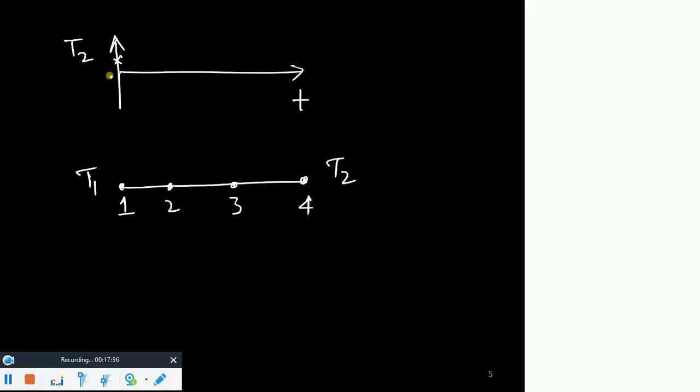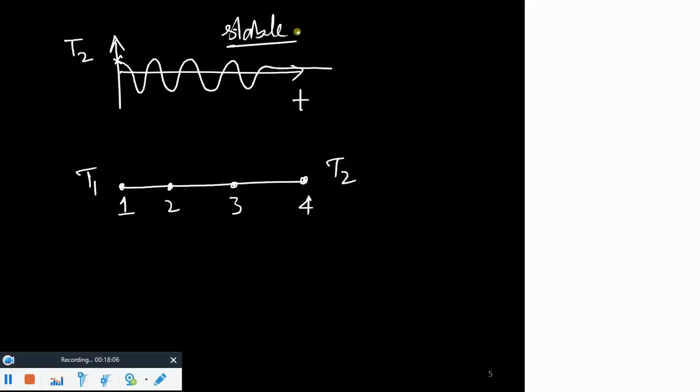If I solve this equation and plot it with respect to time, the solution converges to a steady state, meaning no change with respect to time anymore. So this is a stable solution.